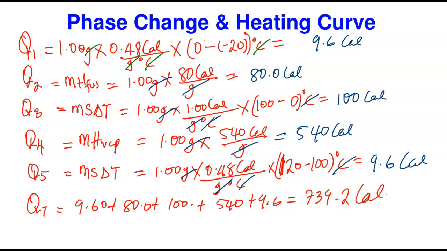So this quantity of heat represents the total amount of heat needed to convert 1 gram of solid water or ice from -20 degrees Celsius to 120 degrees Celsius.